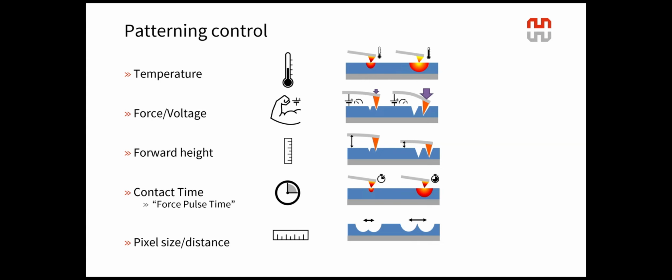And during the videos regarding the use of the NanoFrazor software, we will see these parameters in more detail, how we can change them to control our pattern and to optimize our pattern quality.